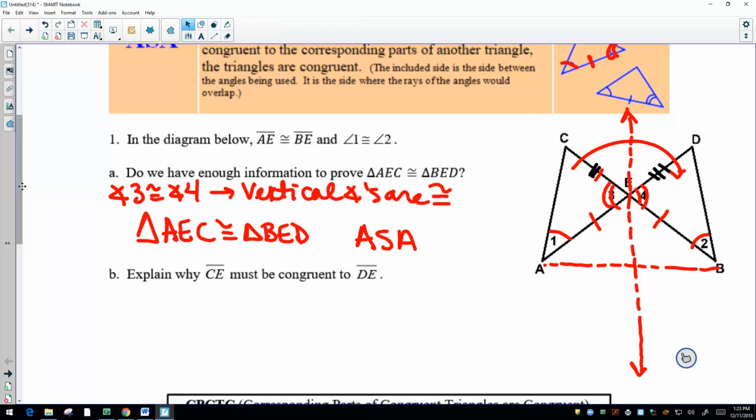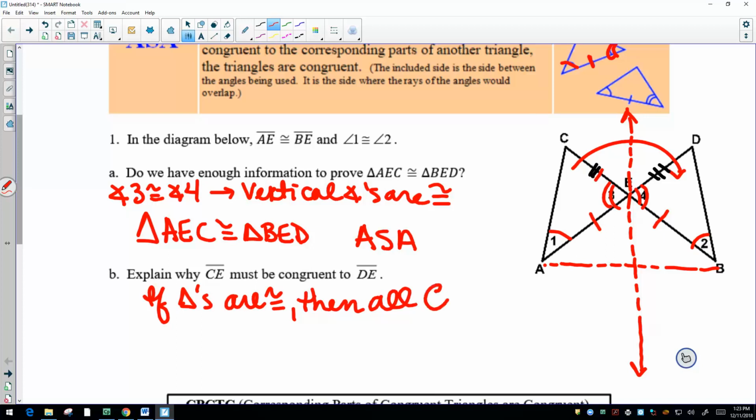So what that says is, if triangles are congruent, then all corresponding parts, meaning parts that match up after rigid motion, are also congruent.